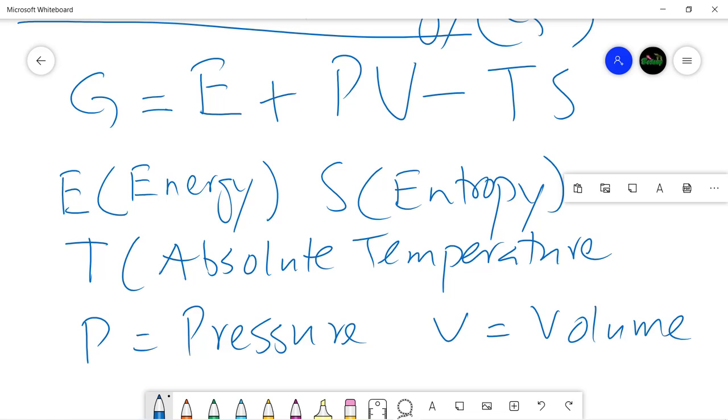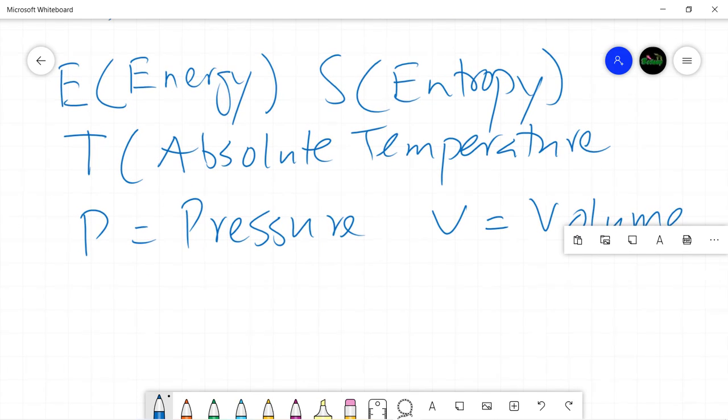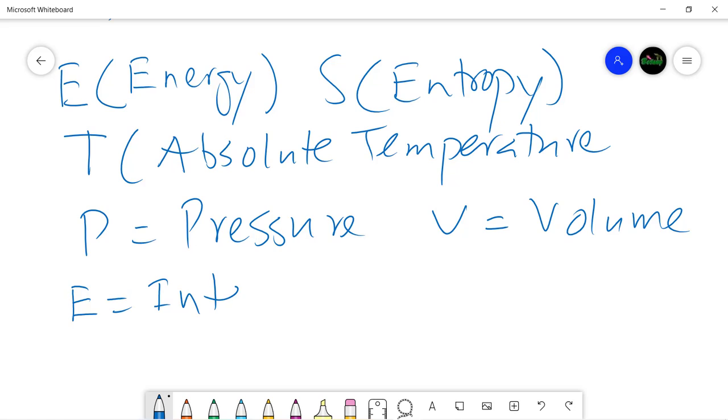Now let's elaborate these variables somewhat. E is the internal energy or total energy. This internal energy is the sum of all the energies like electronic, rotational, vibrational, translational, kinetic energy and so forth.